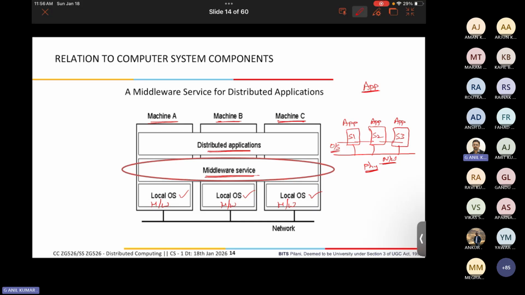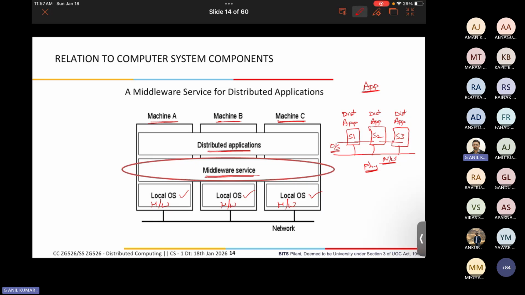How can I make the applications connected? I need to build an application which is capable of distribution. Not any standalone application is good enough to be executed in this environment. It should have the capability of distribution, meaning it should have the capability to communicate with the other machines which are running a similar application.